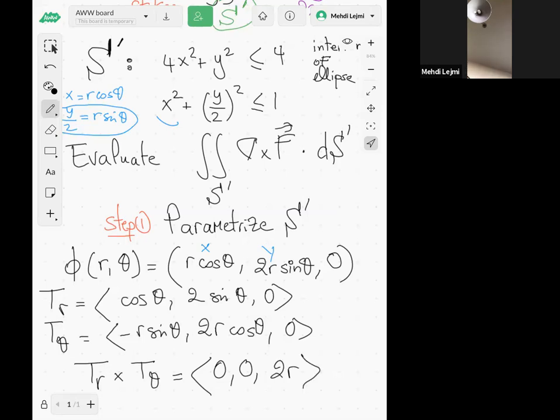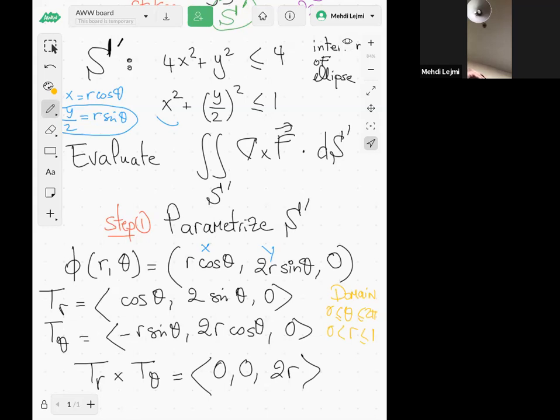Of course, the domain: theta is between 0 and 2 pi, and for r, r squared cosine squared plus r squared sine squared is less than 1, so r squared is less than 1. So r is between 0 and 1.